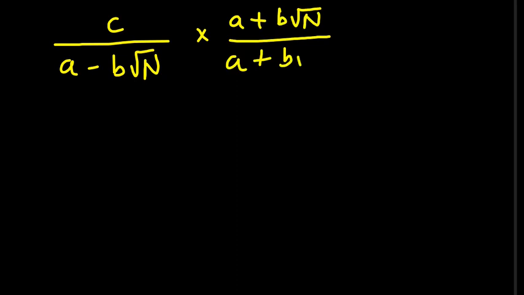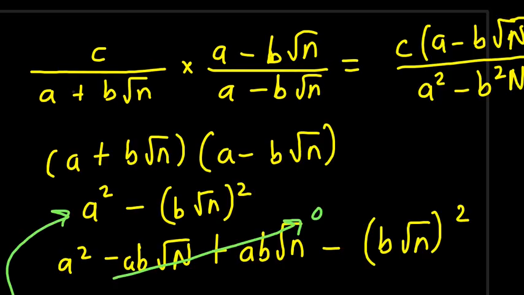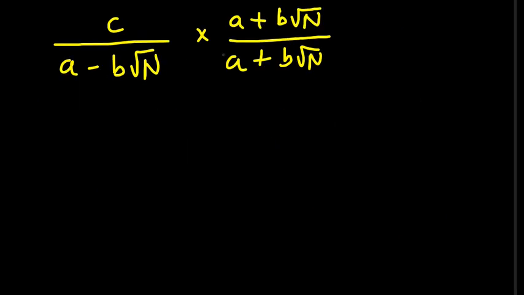If the sign is negative, we have to multiply with positive, and if the sign was positive, as we saw here, we have to multiply with negative, but because here the sign is negative, we have to multiply with a positive. So this brings about the difference of two squares, and we can remove the square root n.